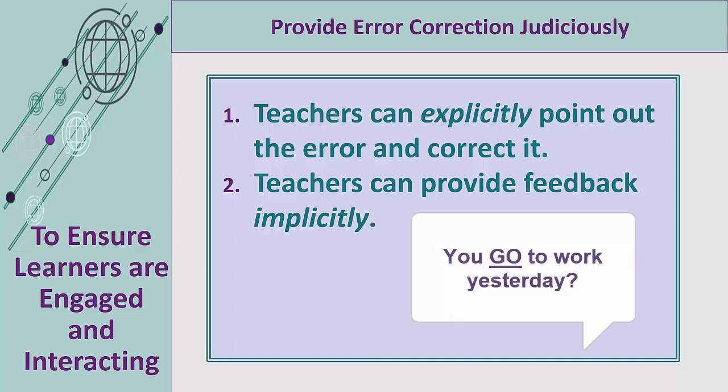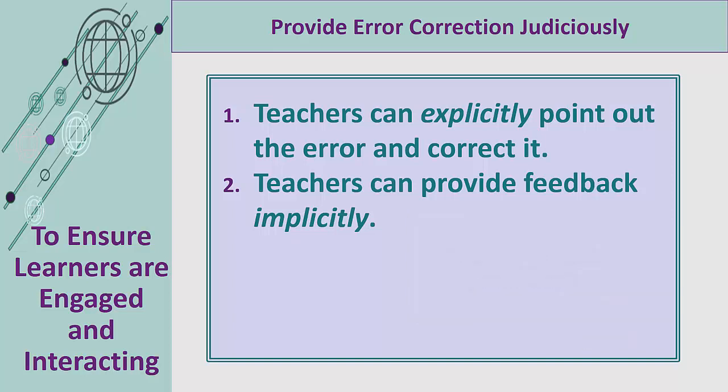"You go yesterday?" A general rule of thumb is to give students the opportunity to notice the error themselves and to self-correct before jumping in with the correct form. Effective teachers, therefore, teach language learners how to monitor their own speech and writing to self-assess and self-correct.